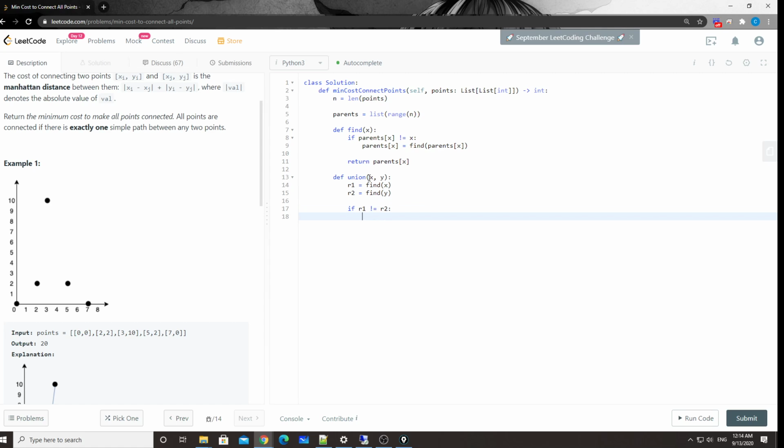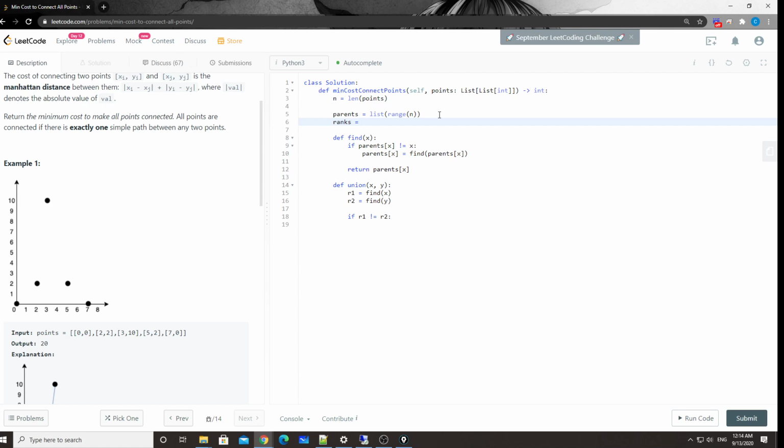For a complete union find structure, ideally we should also have ranks, for each of the ranks starting at zero, something like this. Based on the current ranks, we'll be assigning the roots from one to the other.